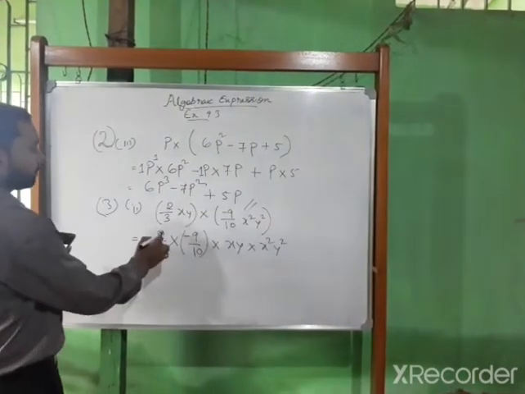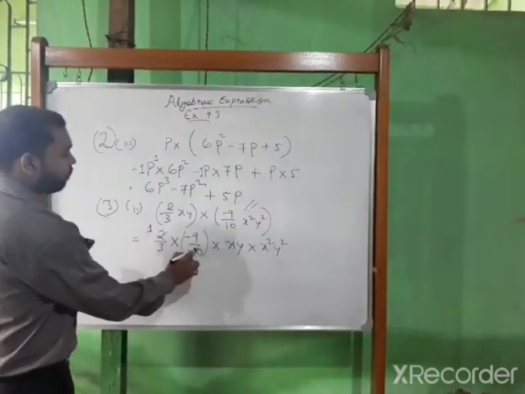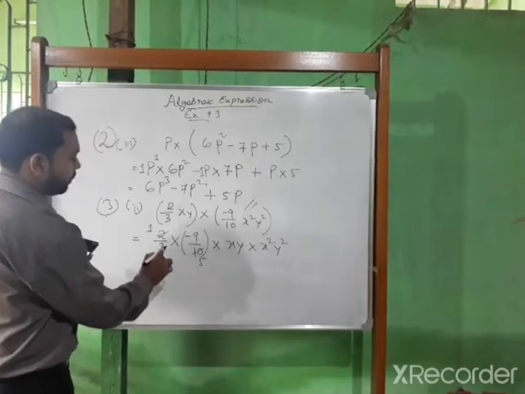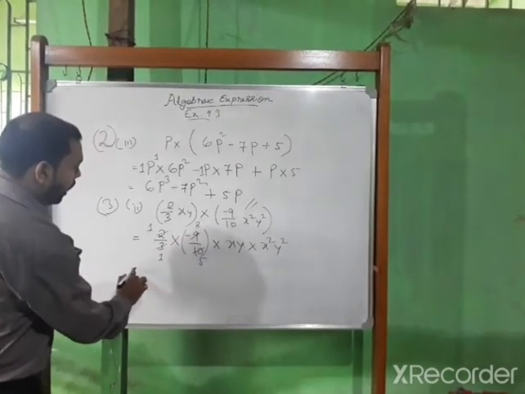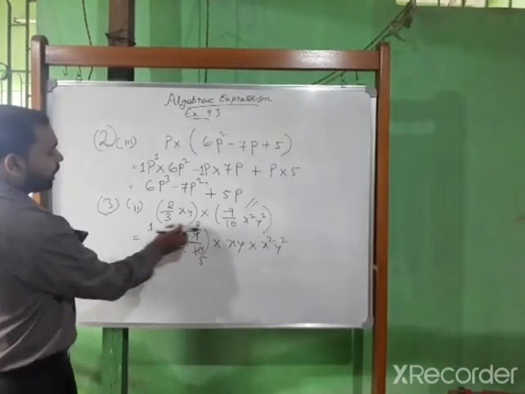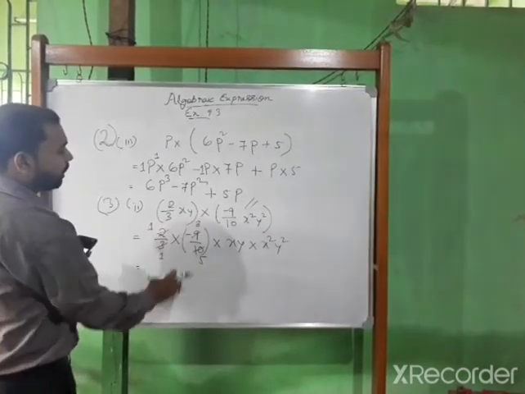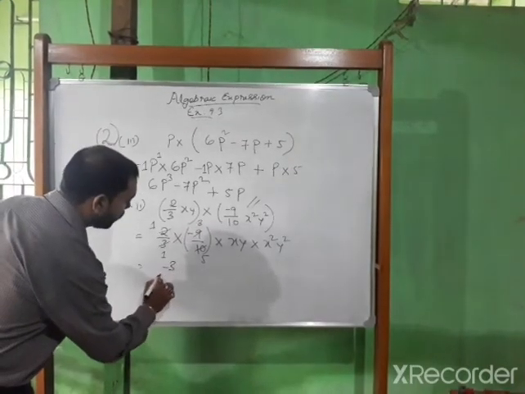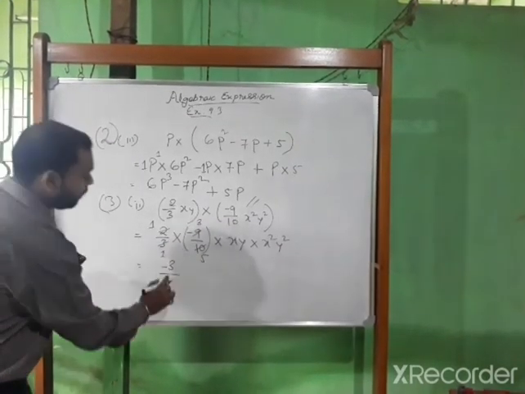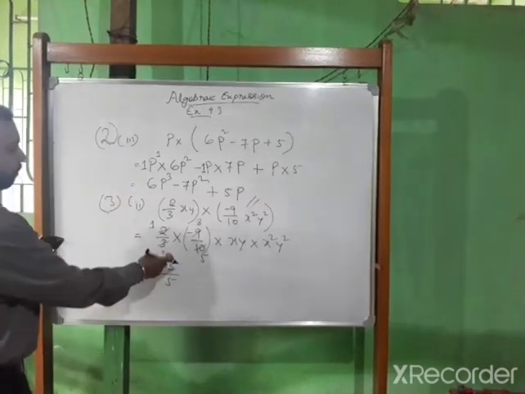So what will be the answer? Reduce it. 2 1s are 2, 2 5s are 10, 3 1s are 3, 3 3s are 9. Now in the numerator 1 and 3 are there, so 1 multiplied with minus 3, because minus is there, it will be minus 3 divided by 5 multiplied with 1, which is 5. So minus 3 by 5.